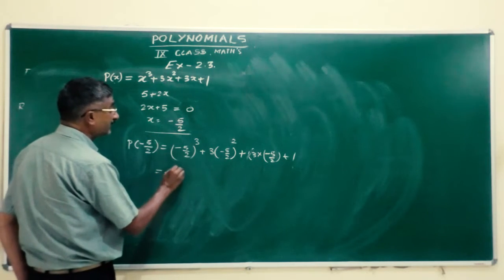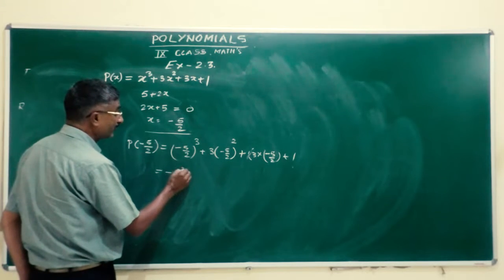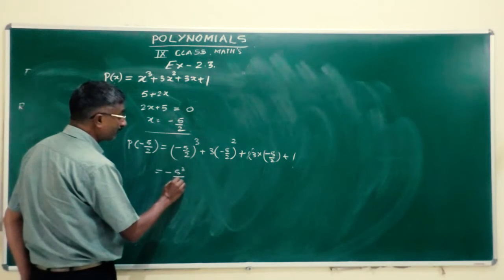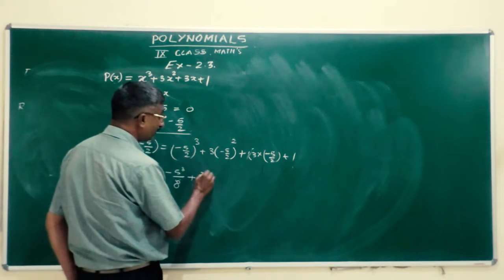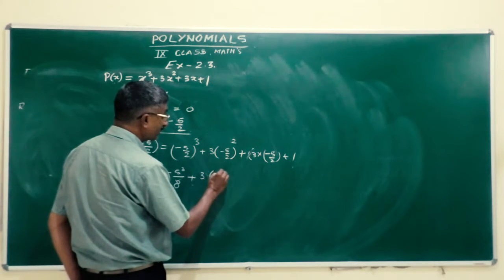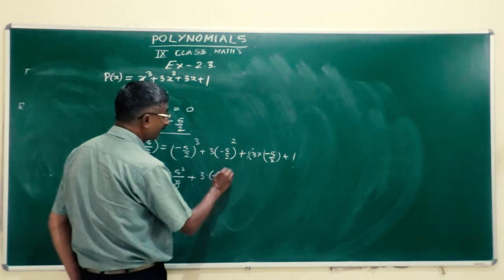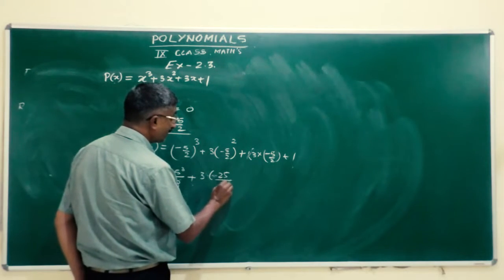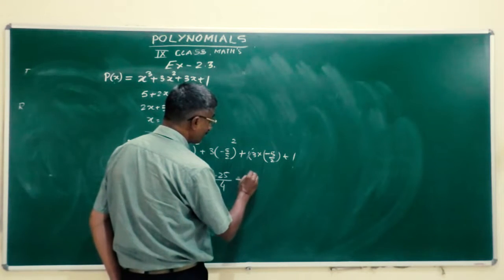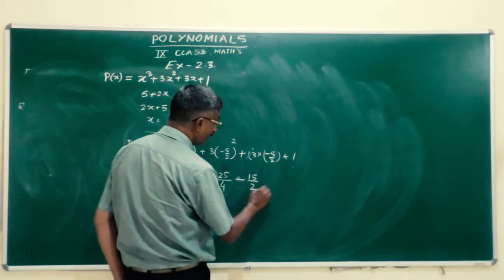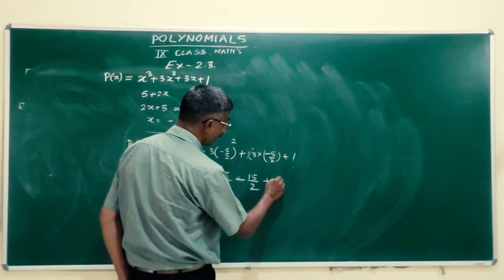So, this is minus 5 cube upon 8 plus 3 into 25, so this will be plus 75 upon 4, plus this is minus 15 upon 2 plus 1.